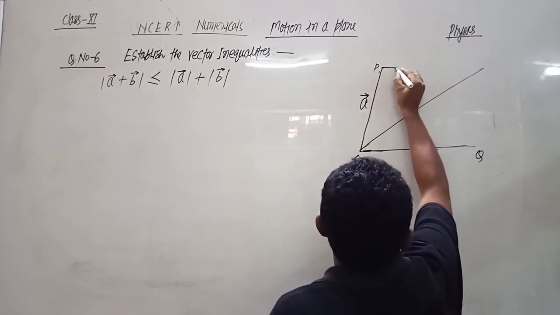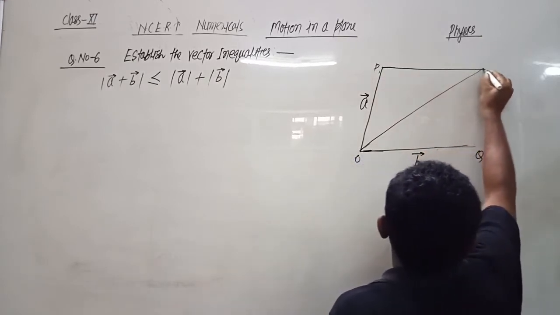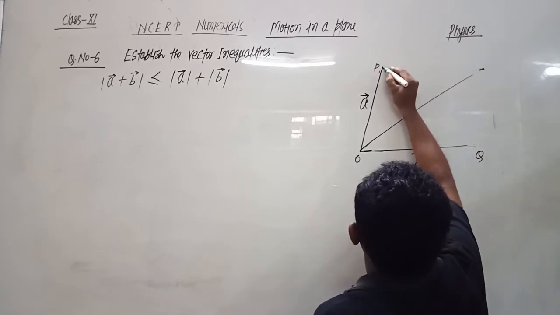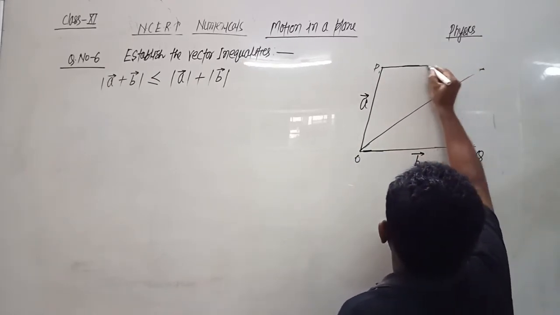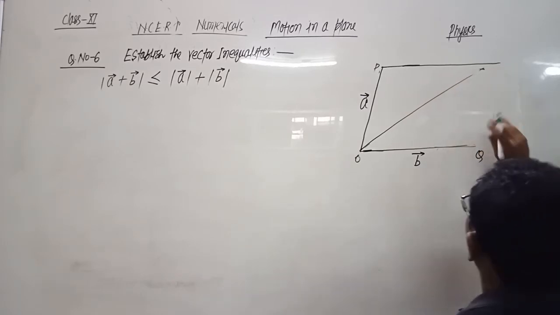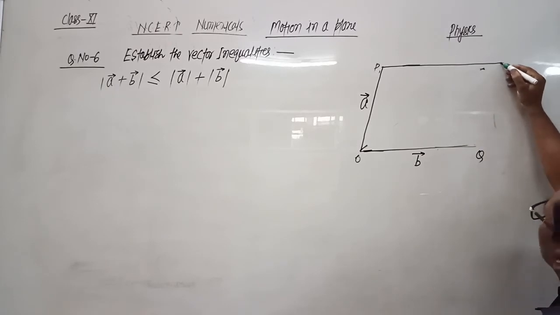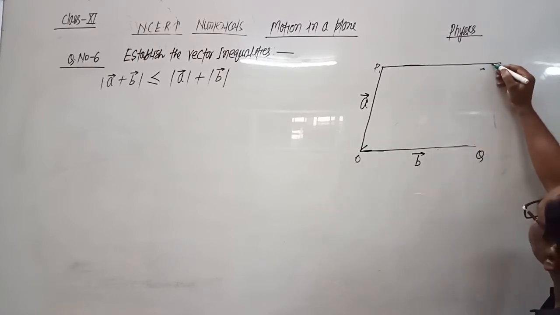Draw a line from P parallel to vector OQ, and also draw a line from R parallel to OP.